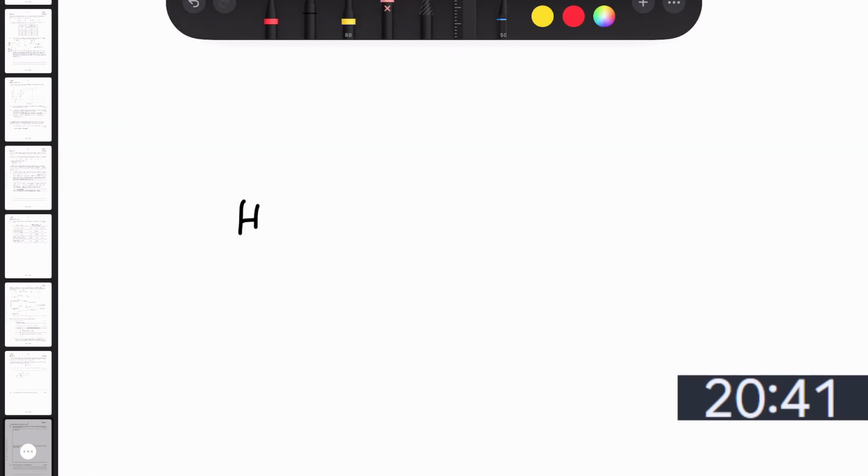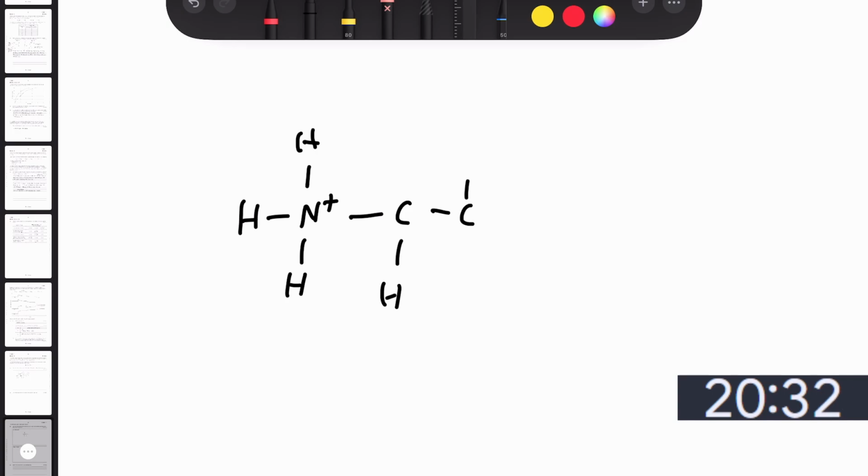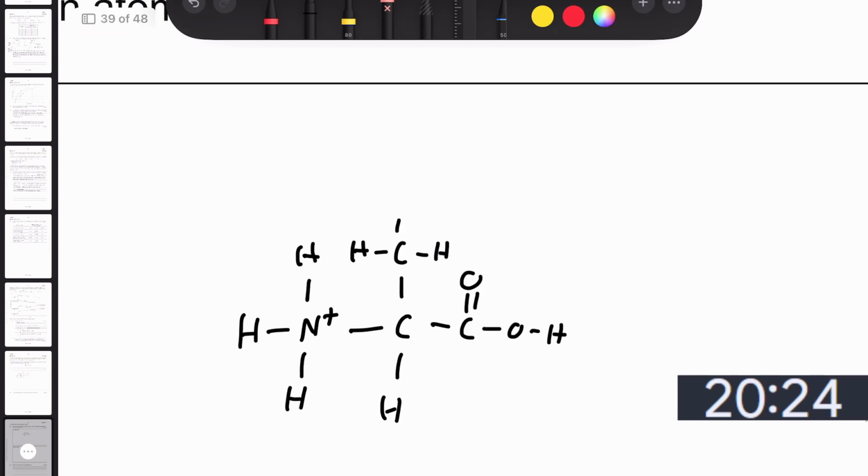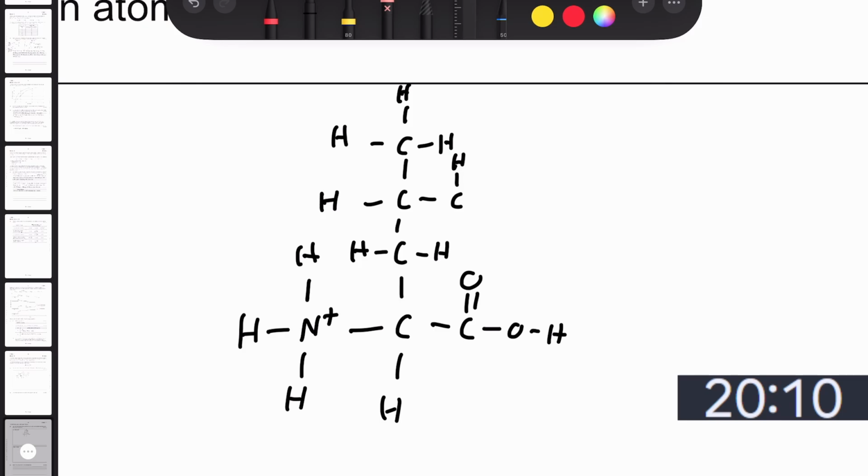Okay, so H, N, H, that's a positive charge on the nitrogen, and COOH, CH2, H, CH, CH. No. Let me put you on the side, so I can put one here for ease. God, these are so hard to draw.